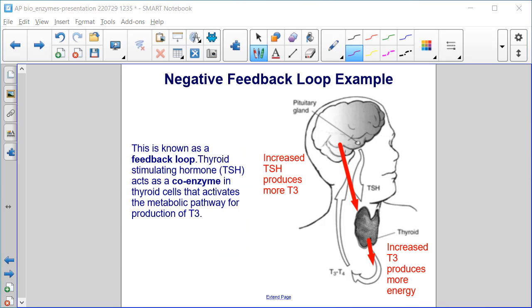This is known as a feedback loop. Thyroid stimulating hormone, or TSH, acts as a coenzyme in thyroid cells that then activates the metabolic pathway for the production of T3. So increased TSH leads to more T3, and increased T3 production means more energy.